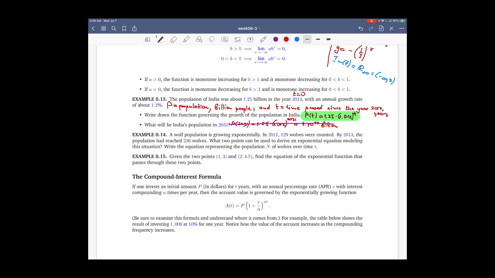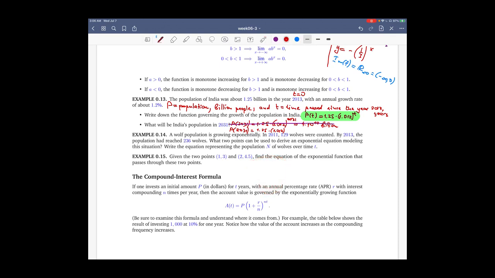And the correct way to compute the population of India at the year 2031 would be to replace t in the exponent by whatever the years passed since 2013. 2031 minus 2013, that is 18. The difference between 2031 and 2013.